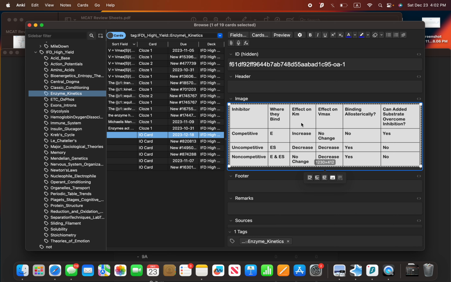Well, the increase in Km means that the affinity of the enzyme is lower, right? So there's less affinity. So the enzyme has less affinity for the substrate. Now that makes sense because when you have more competitive inhibitors competing with the substrate and directly sitting on the active site of the enzyme, then of course the enzyme has less affinity for the substrates because the active sites are already full.